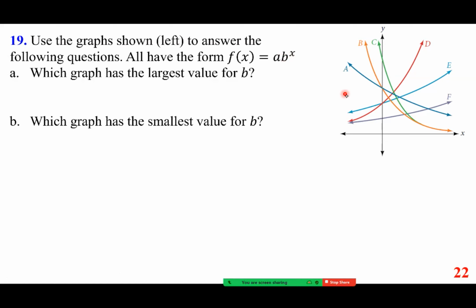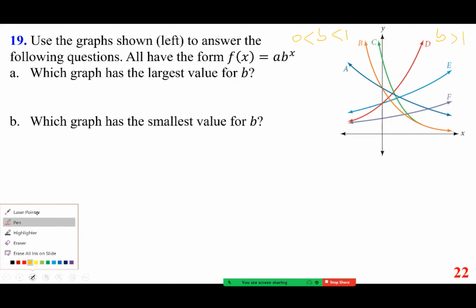For the ones that are decaying, B is between 0 and 1. So in general, we should know the ones on the right, the base is larger than 1. The ones on the left, the base is between 0 and 1. So that's from intermediate algebra.